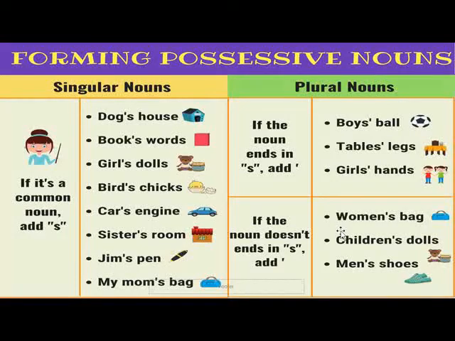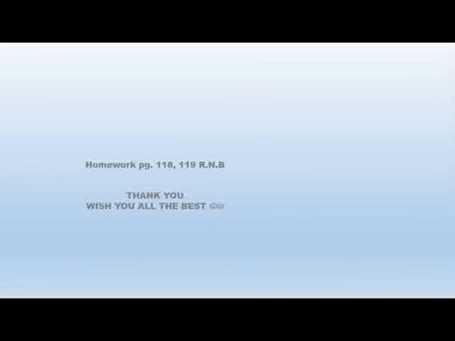It means any word that does not end with S, we will add apostrophe first, then add S. The words that end with S in a plural form, we will only add the apostrophe after the S. Okay, this is our lesson for today. I hope it's clear and easy for you.